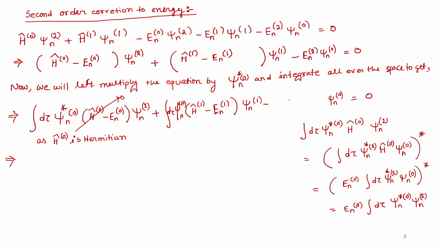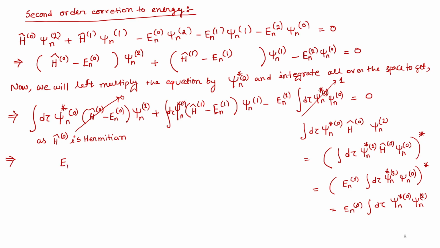I should have en2 d tau psi 0th star. So now this is also a normalization condition, so we'll get 1 from that side. So I can take this thing to the left hand side.